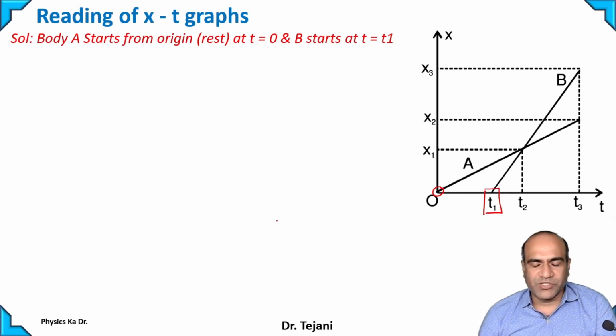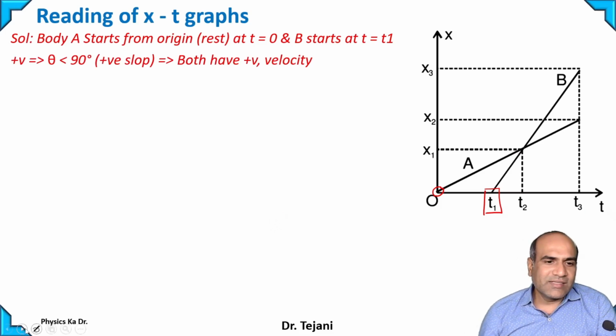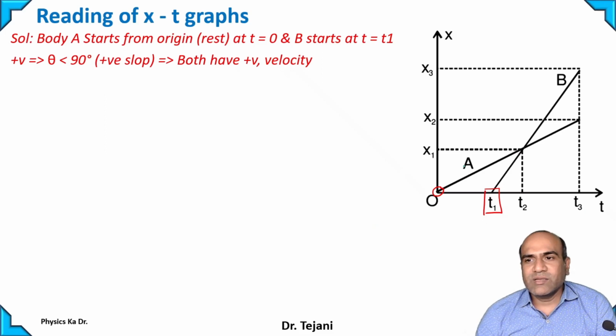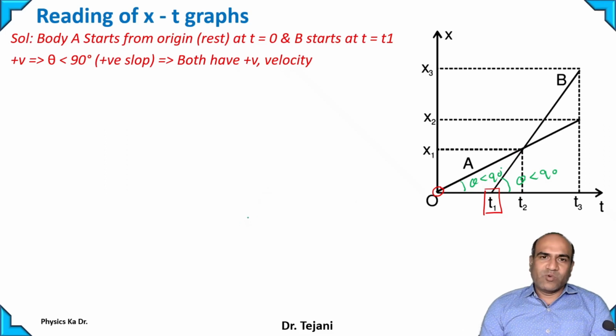This is the first observation. Second observation, if we measure the angle, both have theta less than 90 degrees. That means both velocities are positive.